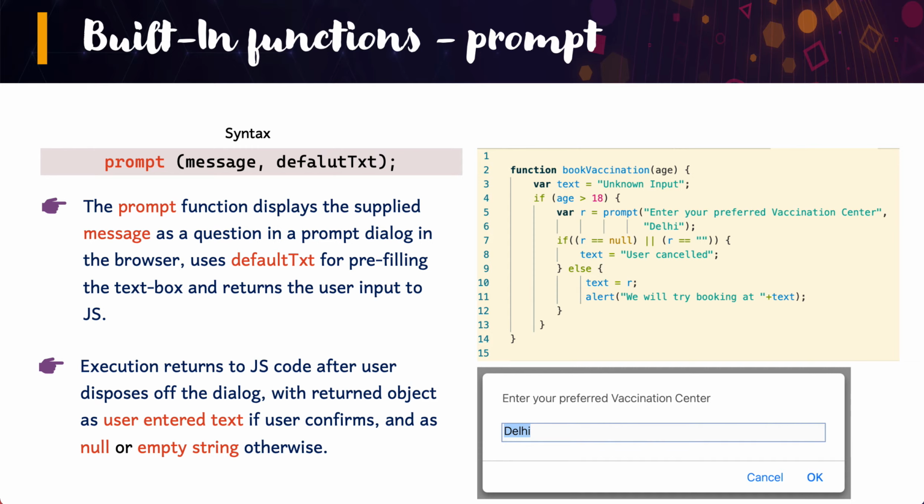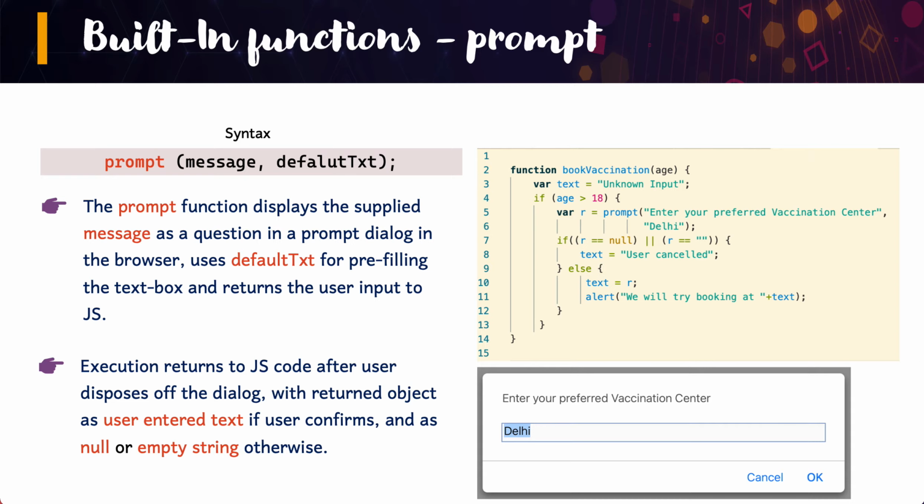Prompt will show the dialog box with an input field, a text box, and whatever is supplied as a second parameter to the prompt function will appear as the predefined text in the text box. So the prompt function displays the supplied message as a question in the prompt dialog, and it pre-fills the text box with whatever is supplied as a second parameter.